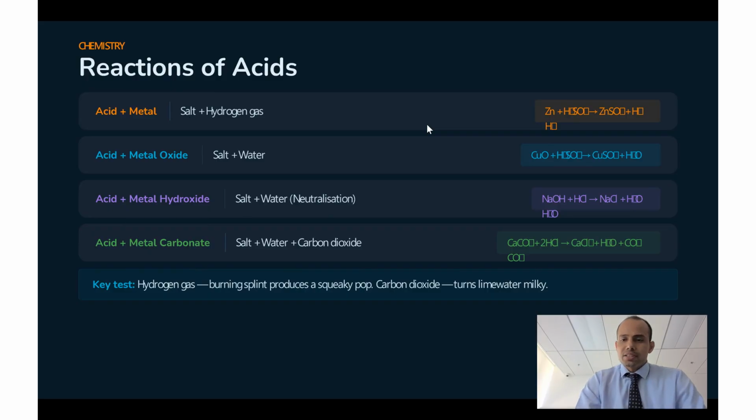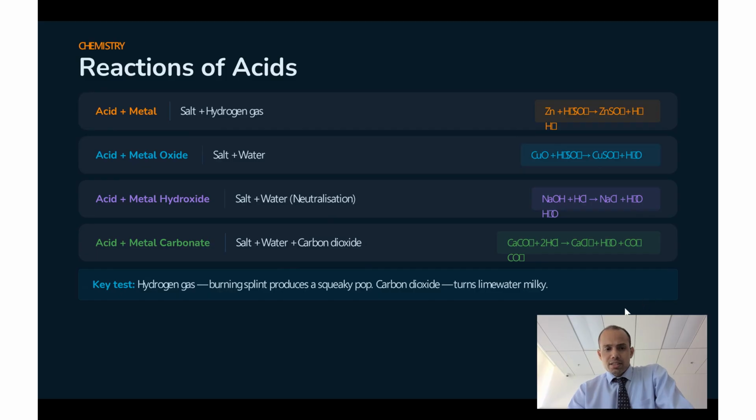For example, zinc and sulfuric acid give you zinc sulfate and hydrogen gas. Next, acid plus metal oxide gives you salt and water. Then acid plus metal hydroxide, like NaOH and HCl, gives you salt and water. And finally, acid plus metal carbonate gives you salt, water, and carbon dioxide.